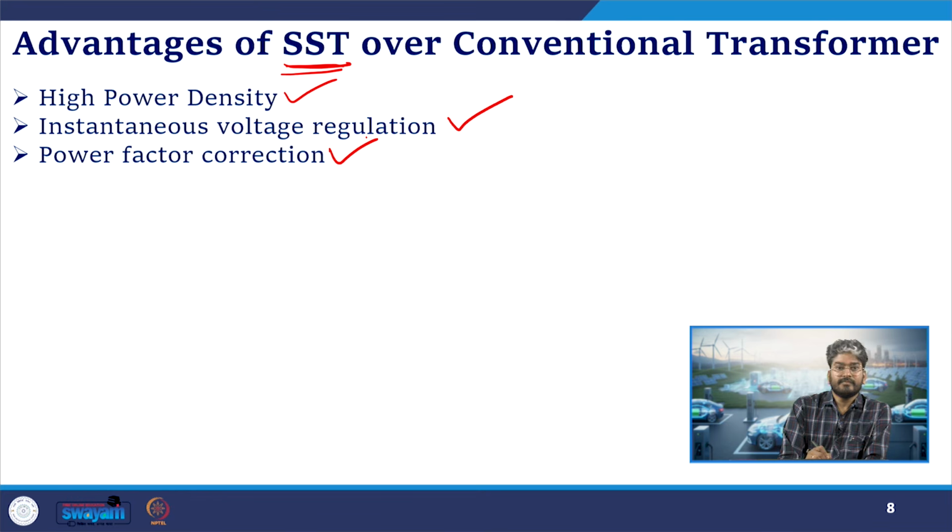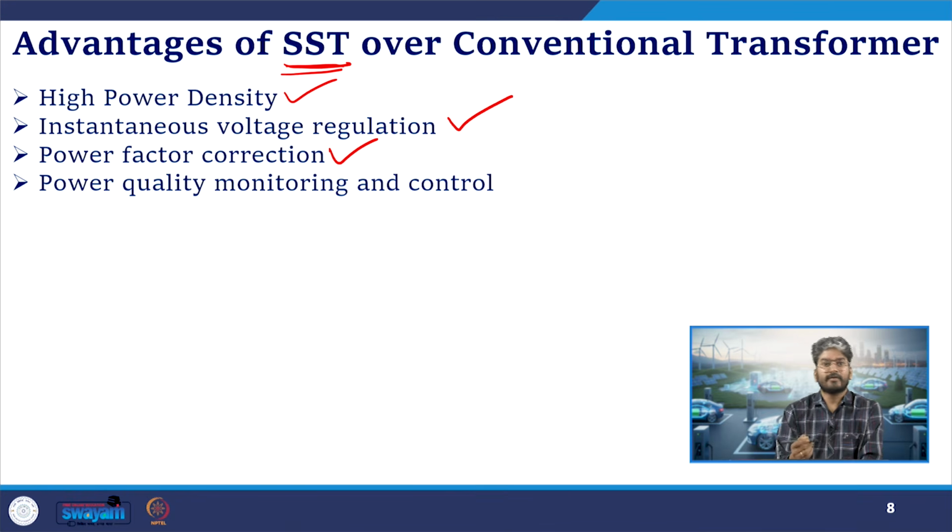Power factor correction. In a conventional transformer, there is no scope for reactive power support or power factor correction. Whereas in SSTs we can go for power factor correction by injecting or removing reactive power, as well as make the reactive power 0, or the current drawn from the source perfectly unity, as per the reference set to the controller.